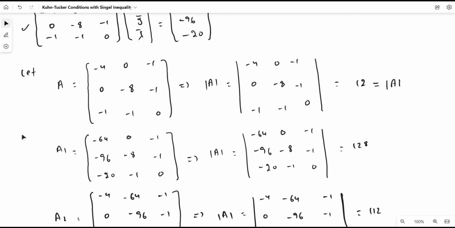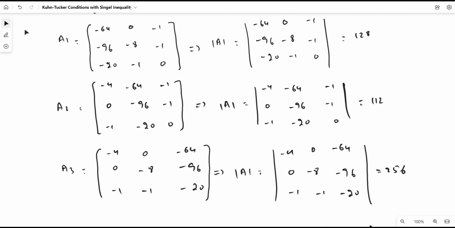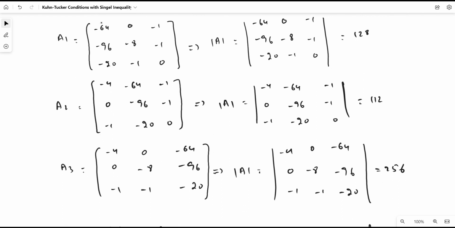So for A1, the first column is replaced, for A2 the second column is replaced, and for A3 the third column is replaced. So we got three matrices, A1, A2, and A3, right? This is the determinant of A1, this is the determinant of A2, and this is the determinant of A3. If we find the determinants, we will get these three values.